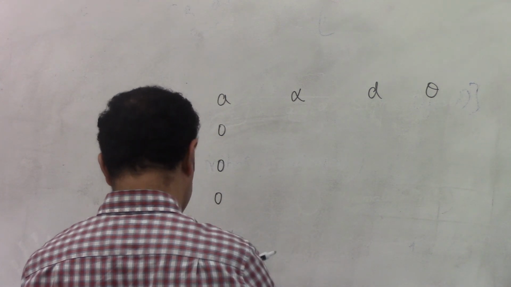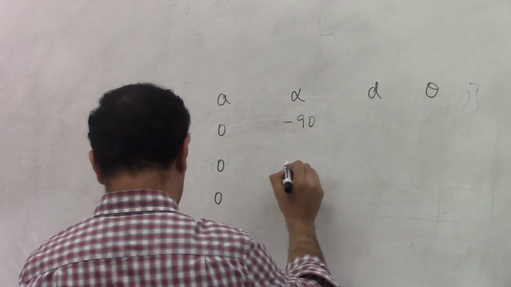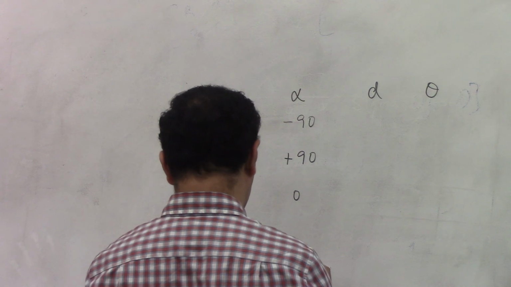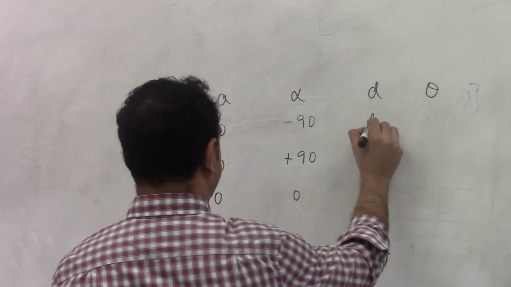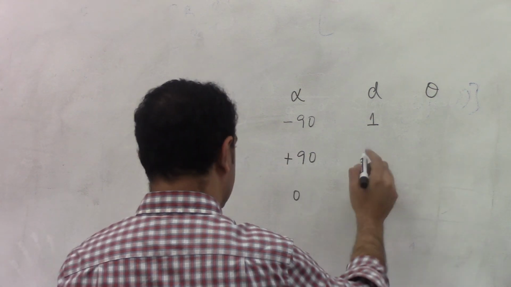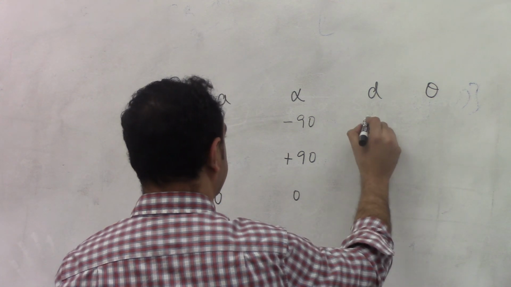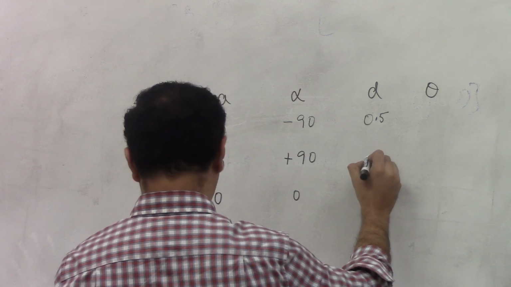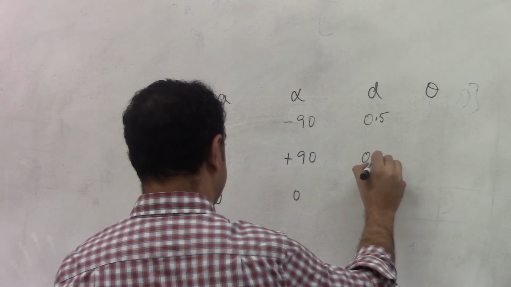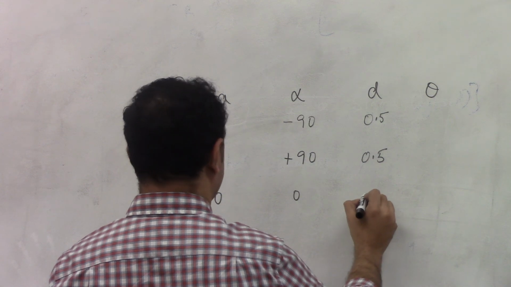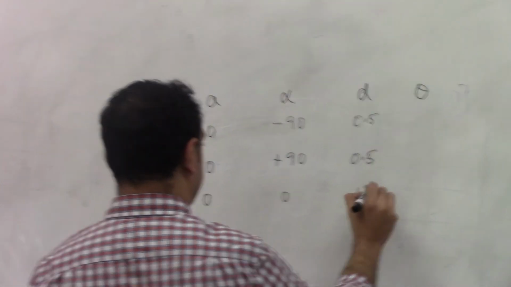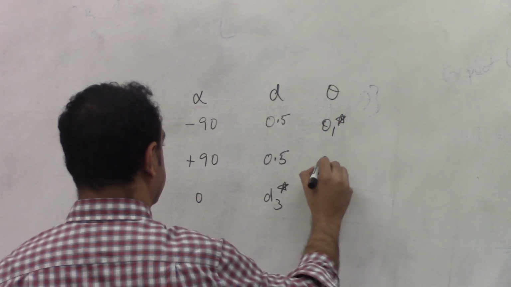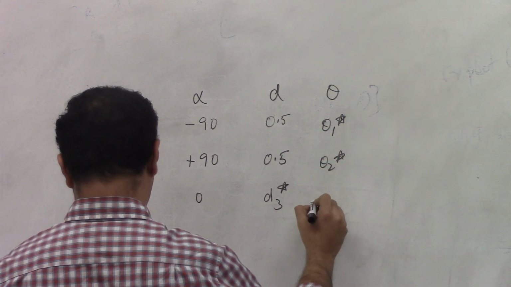Alpha is minus 90, plus 90, 0. Okay. D, I'm just going to give it as 1. 1 is too high, let's give this as 0.5. D2, let's give this as 0.5. And D3 is obviously a variable. Theta 1 is variable, theta 2 is variable, and theta 3 is 0.